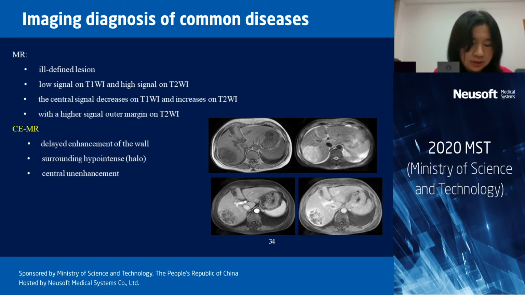The center signal decreases on T1 weighted imaging and increases on T2 weighted imaging, with a higher signal outer margin on T2 weighted imaging. The wall of the abscess displays delayed enhancement, halo, and central enhancement.